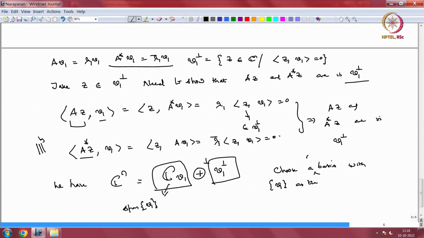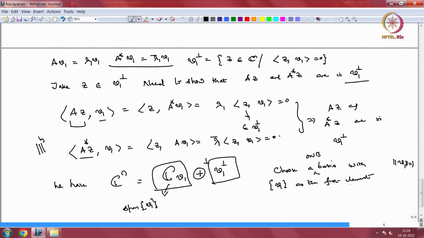Well, one should assume that norm V 1 is 1, if you want an orthonormal basis. The remaining elements will have to come from V 1 perp, right.